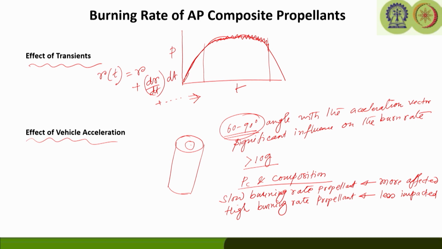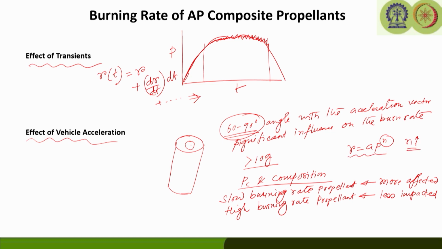Now, it has also been observed that the pressure index n is affected by the acceleration of the vehicle. In general, it has been seen that the value of n is going to be enhanced due to the acceleration of the vehicle.